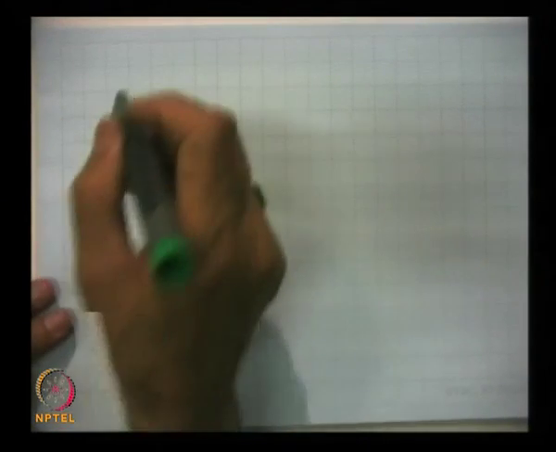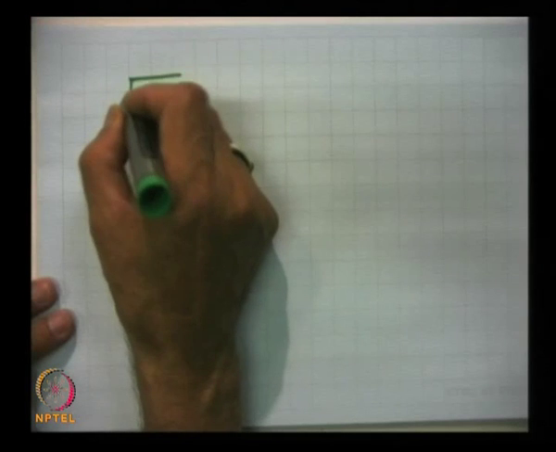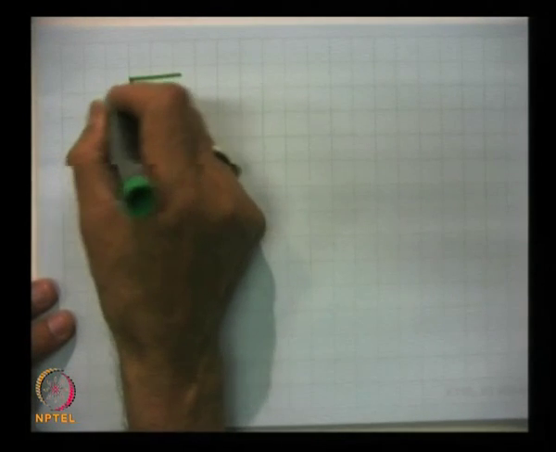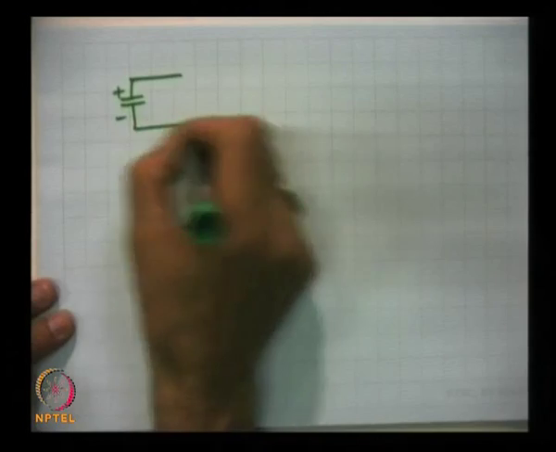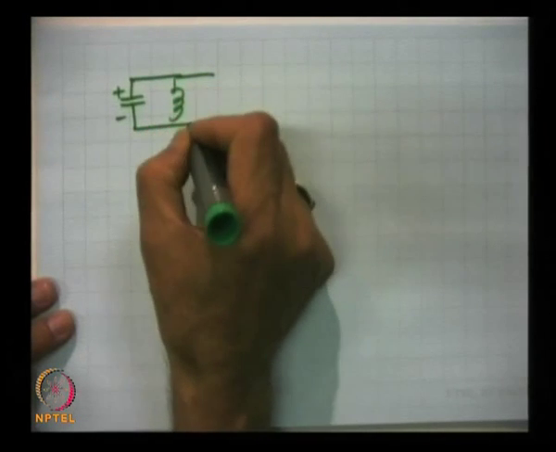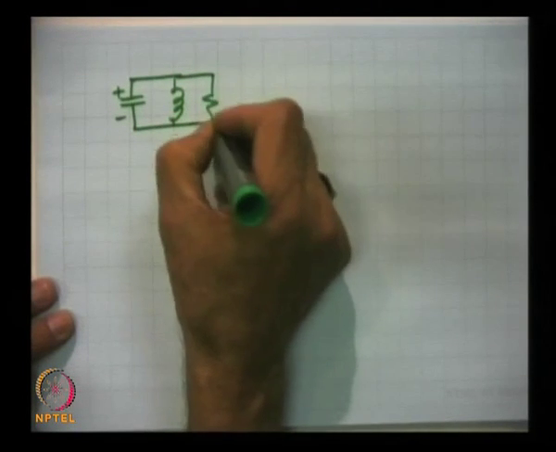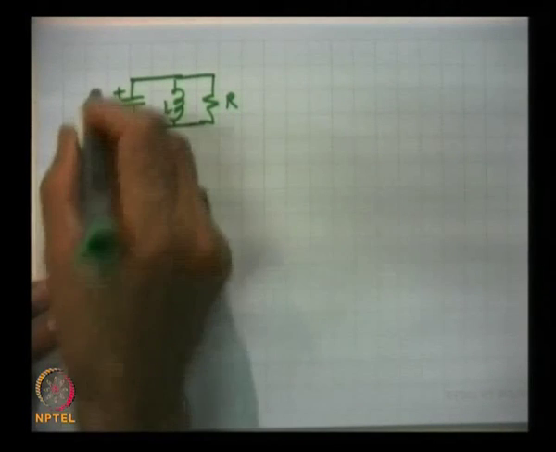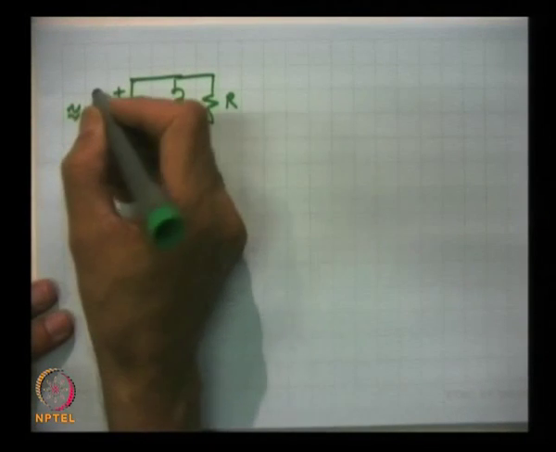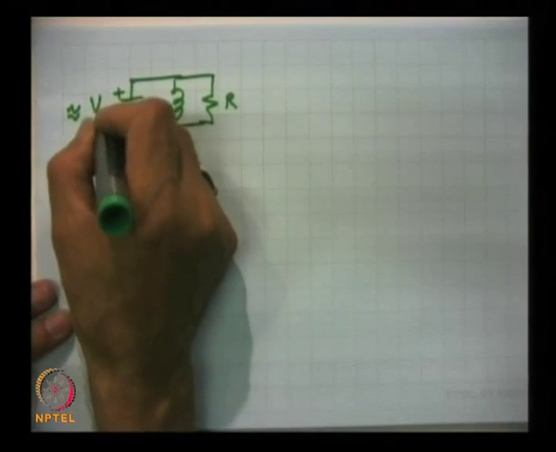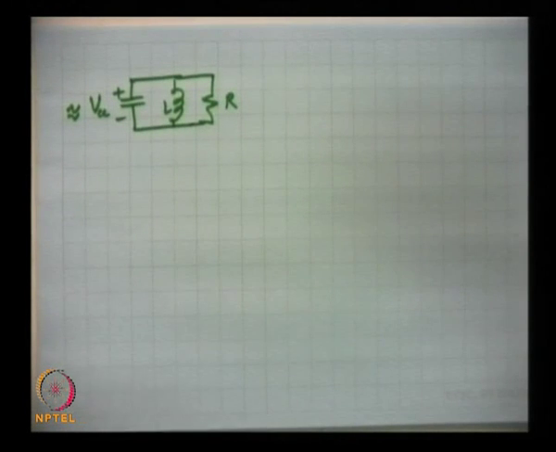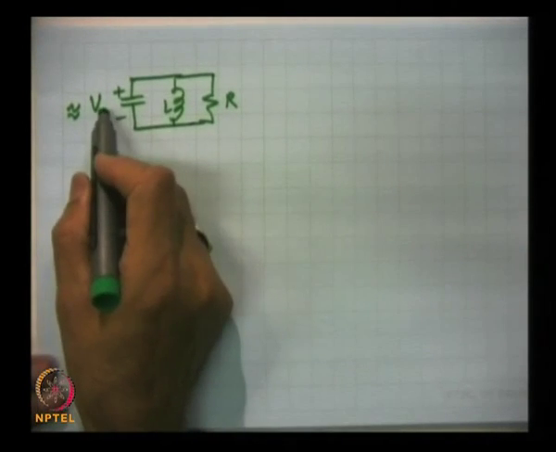So, the capacitor is charged, and we have this situation. This is charged to slightly less than VCC, because there will be some dissipation in this resistance which we have shown, so this will be close to VCC.